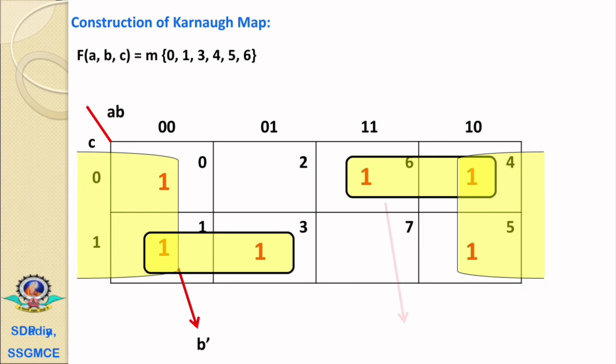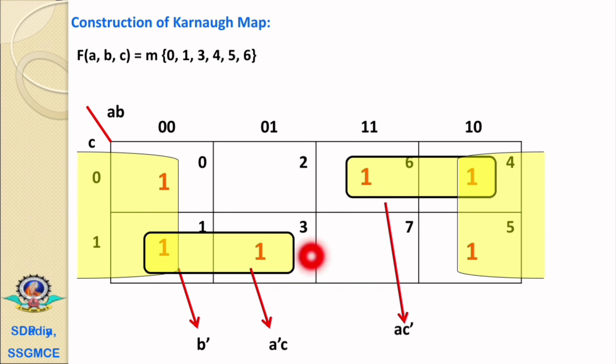Now, the second group of 2 cells belongs to again 2 columns, 1 1 and 1 0. Therefore, the 1 and 0 of B will eliminate and there will be 1 for A. And at the row side it belongs to 0 for C. Therefore, its expression is A C dash.